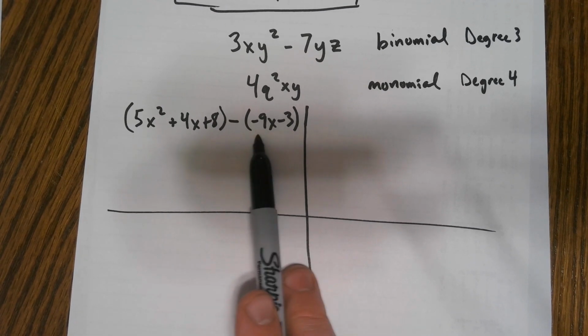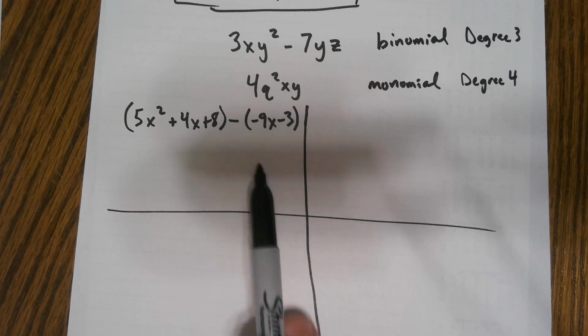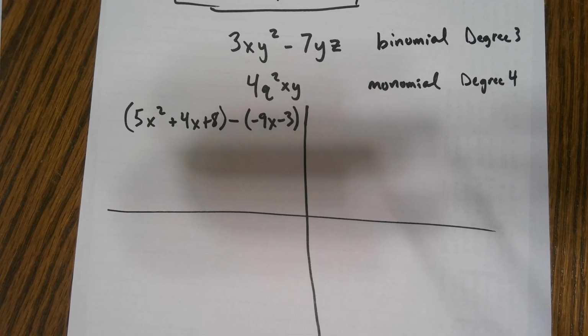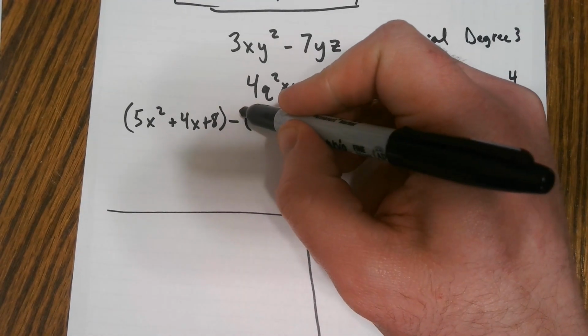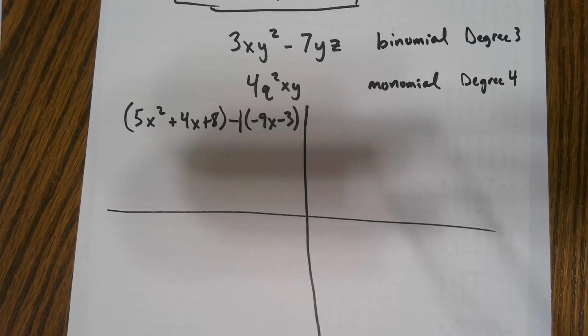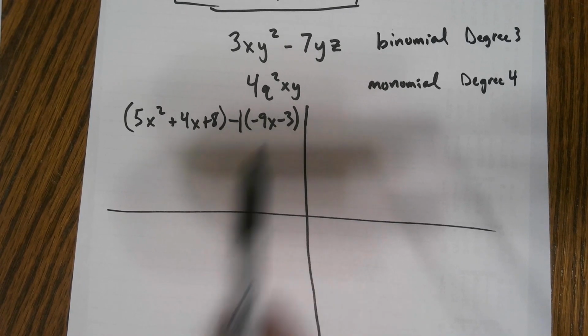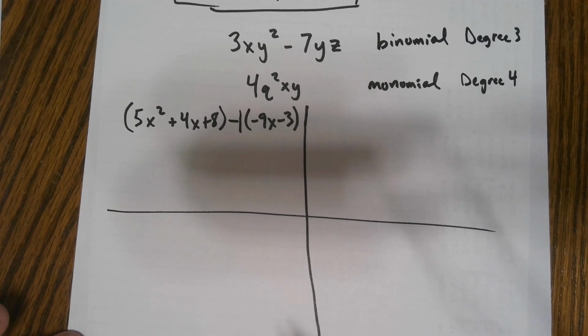However, on this binomial, or two-term polynomial, I have this minus sign out front, and that's the same as having a negative 1 right there. Since distributing a negative 1 will change what's inside the parentheses, I do have to do it.